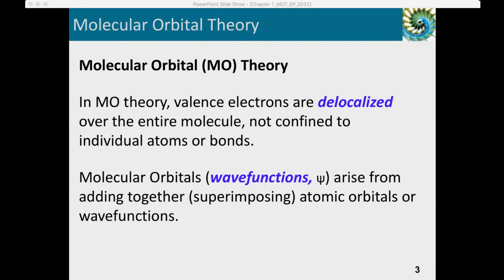We are combining the wave functions of the atomic orbitals or of hybrid orbitals, we'll see that later, to form new molecular orbitals. That's the linear combination of atomic orbitals that leads to molecular orbitals, okay?